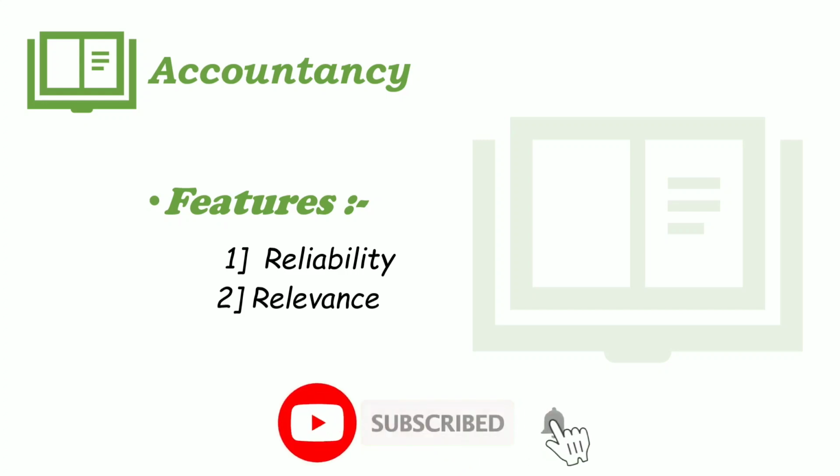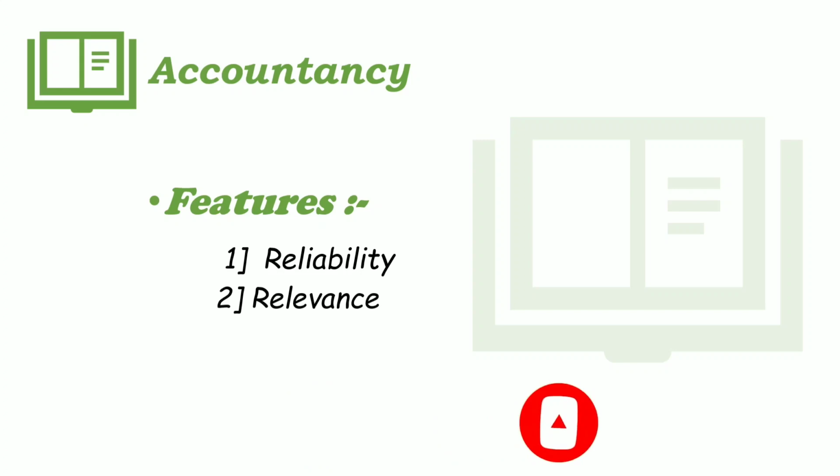What are the features of accountancy? It has reliable books of accounts. There is 100% reliability on it, so it should be prepared with the utmost carefulness. Then it has relevance, because it is relevant to our business. It has relevance for each and every person who is going to refer to such books of accounts, because we have already seen in the utility part of bookkeeping that there are many people who have utility for the books of accounts.